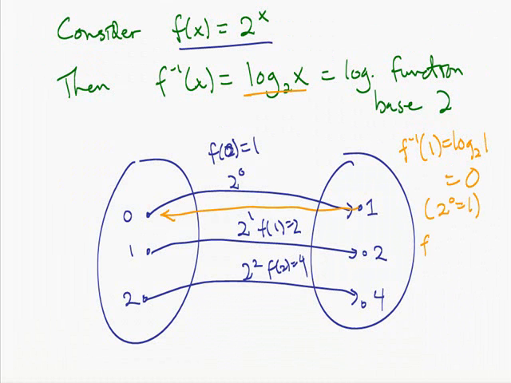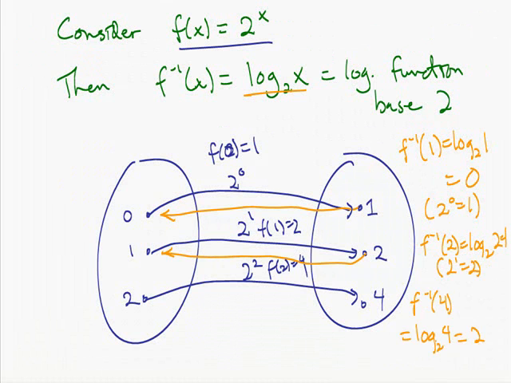How about the inverse of 2 in this function? Well, that's the log base 2 of 2. That's saying, what exponent do I raise 2 to to get 2? Well, if you want to raise 2 to a power to get 2, you should raise it to the first power. So 2 to the first is equal to 2, and so this is equal to 1.